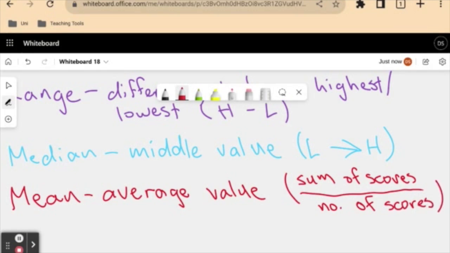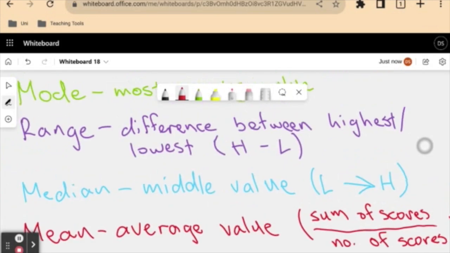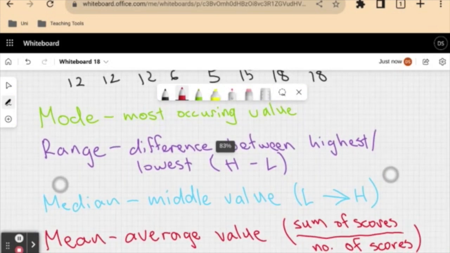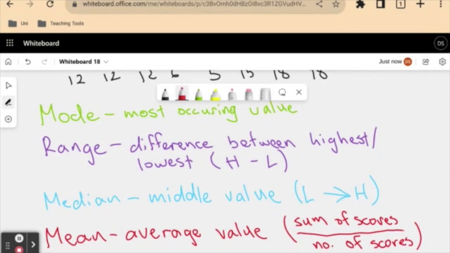Cool. So here we are. Here are all of our measures, our measurements, and kind of important things to consider when looking at data. So already you may be thinking of different plots that we've done, which may be good for calculating certain things.